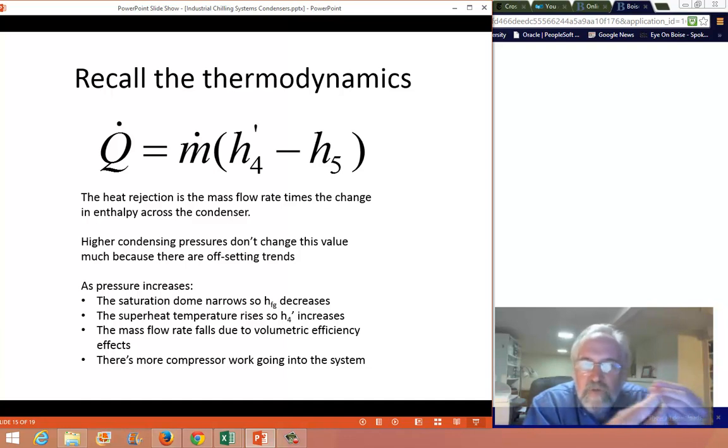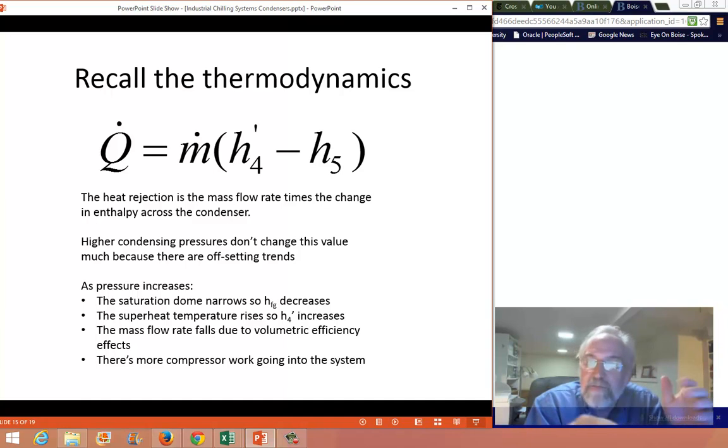Here's one way to look at it. As you increase the condensing pressure, things happen in different directions. For example, as the saturation pressure increases, the saturation dome on the enthalpy diagram gets narrower, which means that h_fg, the difference between the vapor and liquid phase enthalpies, is smaller, until you get to the critical point where it goes to zero.